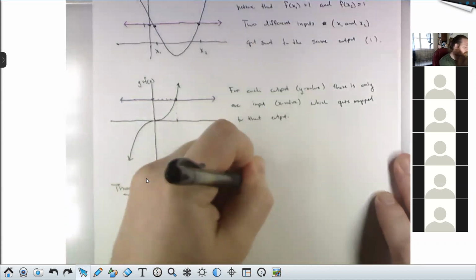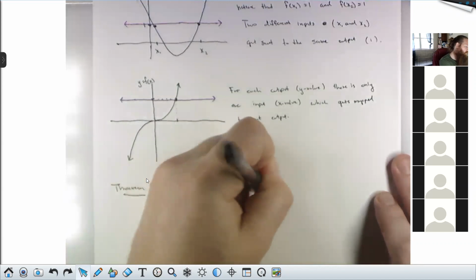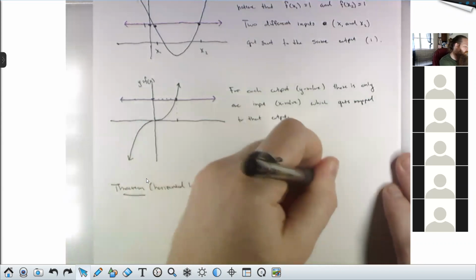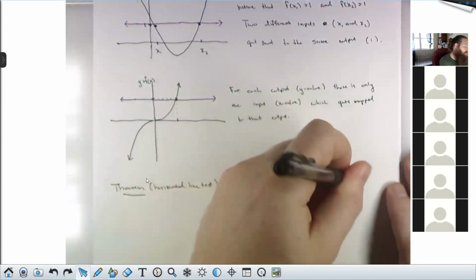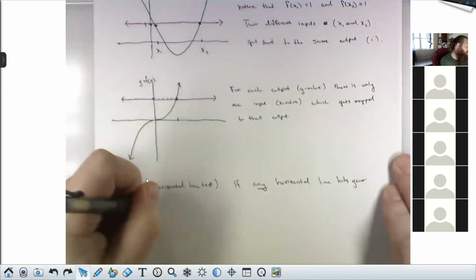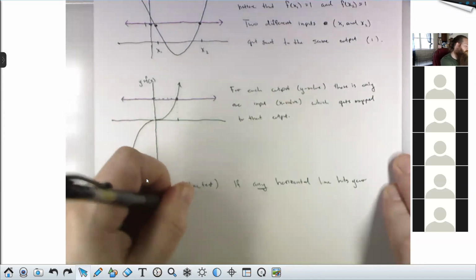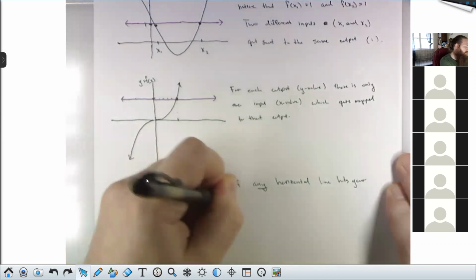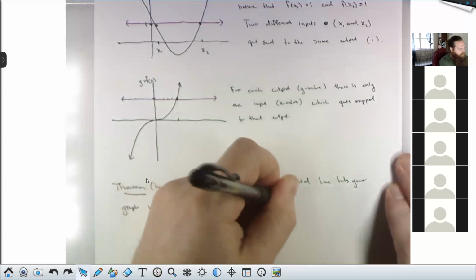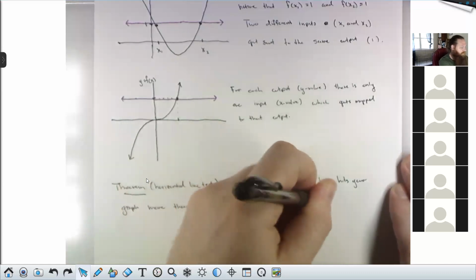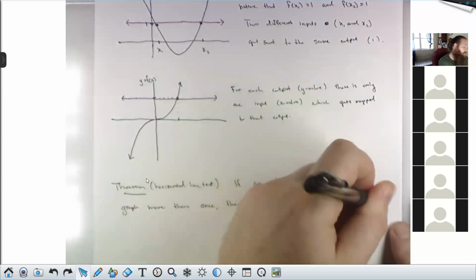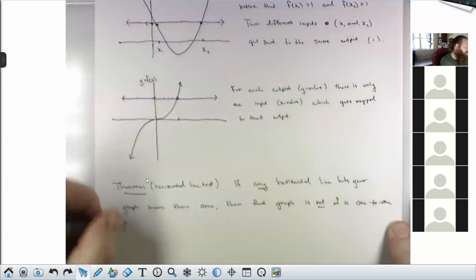In brief, it says if any horizontal line hits your graph more than once, then that graph is not of a 1-to-1 function.